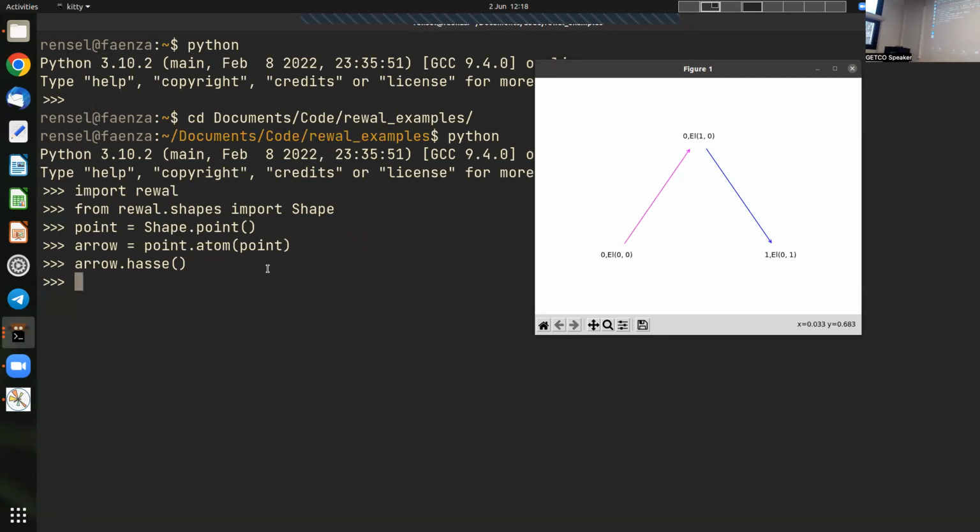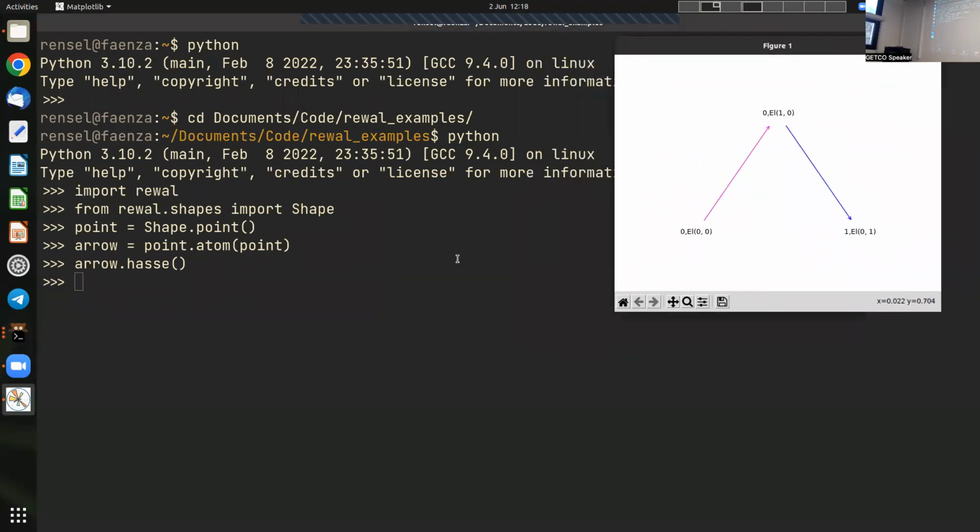It's another way of encoding the structure, instead of labeling with the grading and then reversing some arrows. Pink is minus and blue is plus.